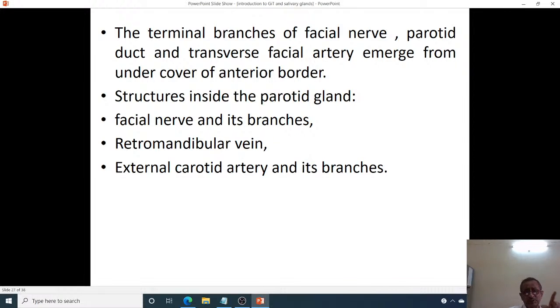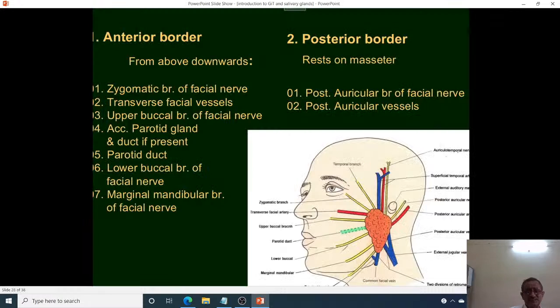The structures inside the parotid gland are the facial nerve and its branches, retromandibular vein, external carotid artery and its branches.